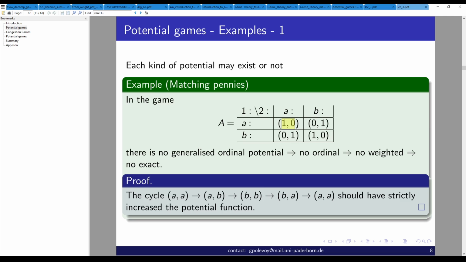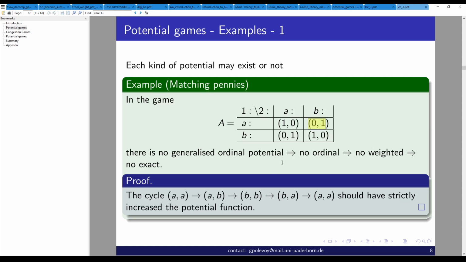Now, if there had been a generalized ordinal potential function, then this function should have strictly increased at every step, because the changing player strictly increases her utility each time. From AA to AB, the second player who changes increases from 0 to 1.